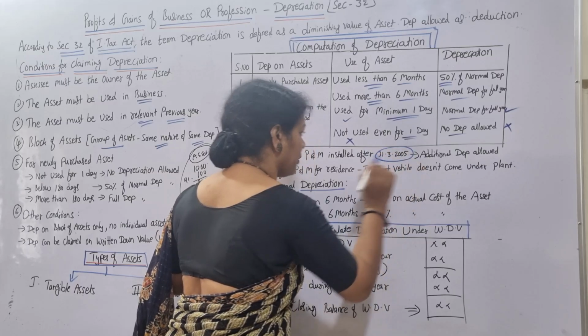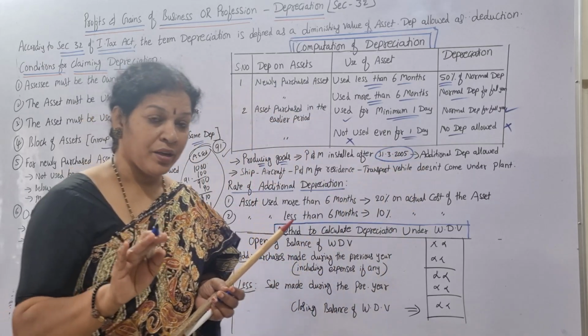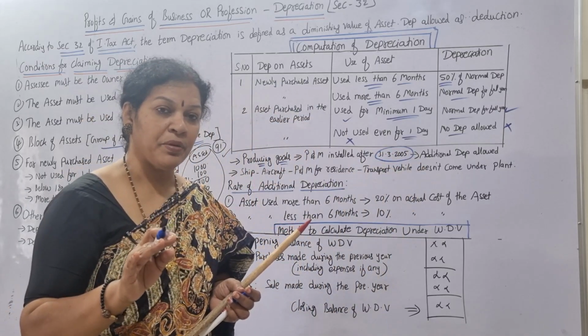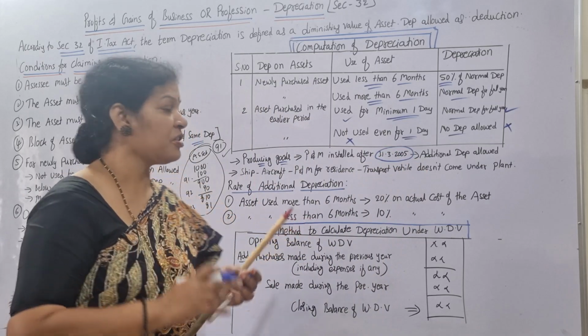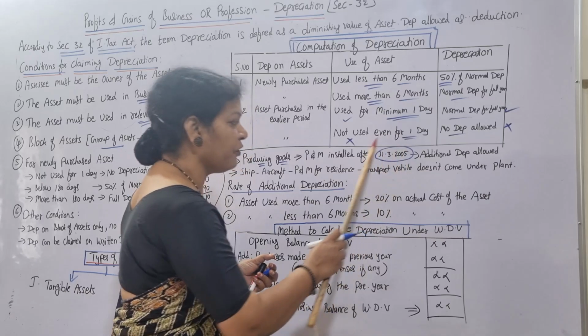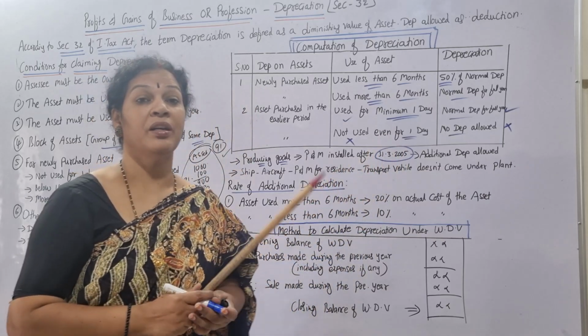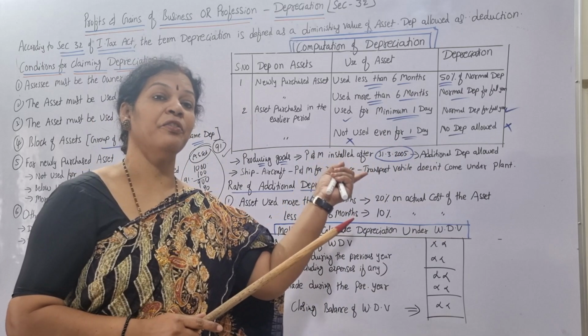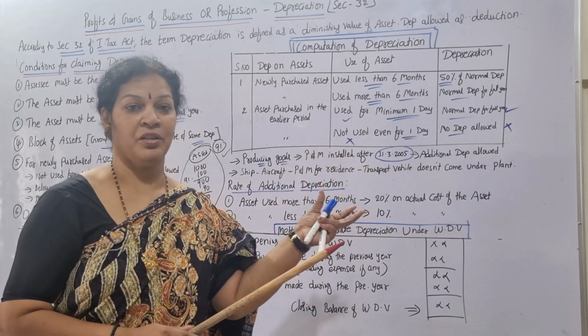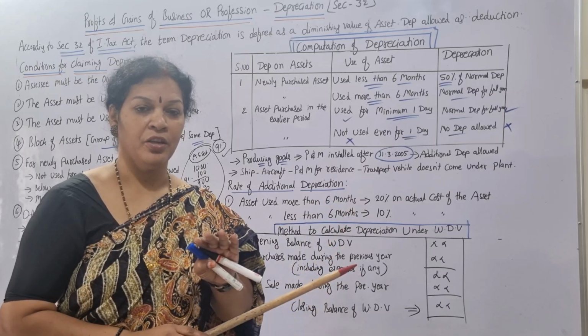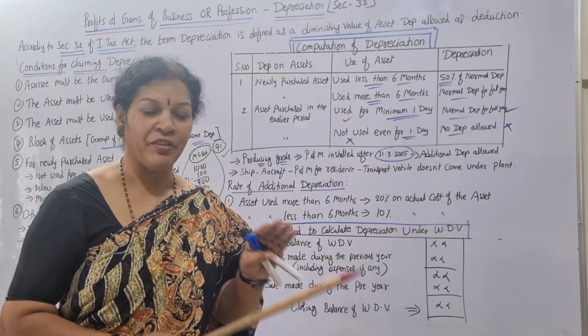This is very important. You are eligible to claim depreciation if you have purchased the plant and machinery after 31st March 2005 only. Before that period, if you have purchased any asset, especially plant and machinery, you are not eligible to claim the depreciation.